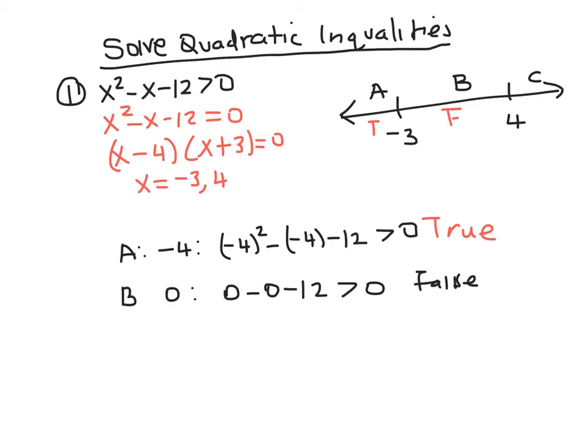Then in region C, I'm going to pick 5. So this is 5 squared minus 5 minus 12, and I check, is that greater than 0? 25 minus 5 minus 12 is 8, so that's true. I'll put T here, and so my answer is in whatever region is true.